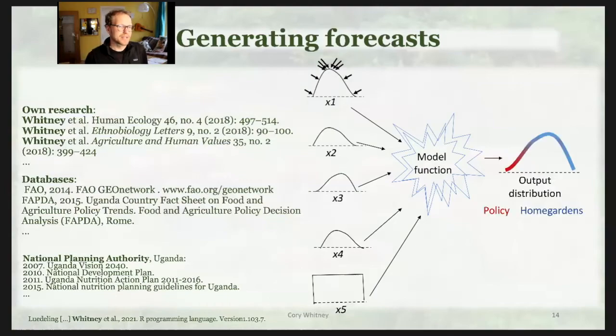And here, for example, are those model runs that favor the agricultural policy in Uganda, right? So some of them favored the policy. In some cases, we said, oh, policy is better in terms of the outcome of interest. That's in red here. And then others favored the Uganda home gardens, not the Uganda policy.